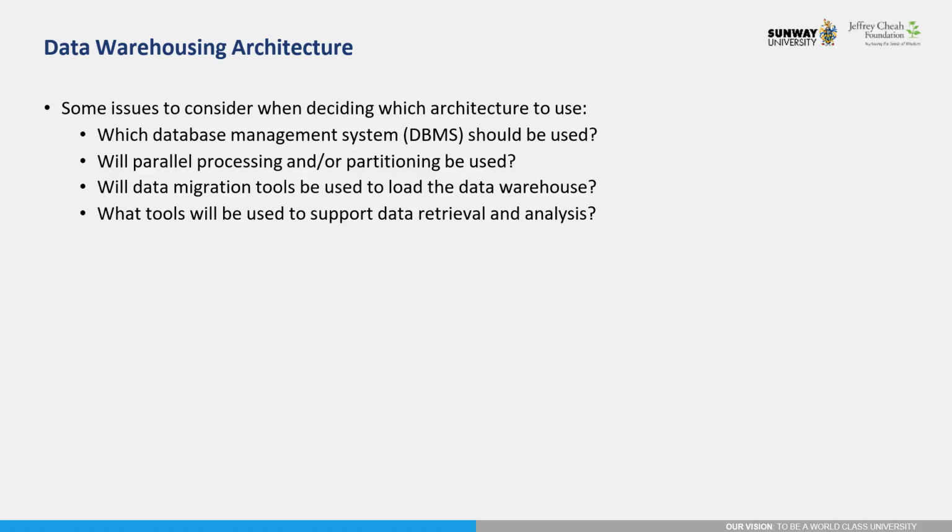Some issues need consideration when deciding which architecture to use. We can face four challenges: first, the management system; second, parallel processing; third, migration tools used to load data into the data warehouses; and the last, support for data retrieval and analysis.